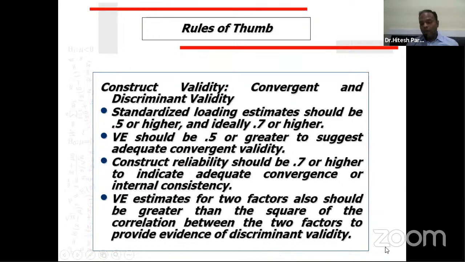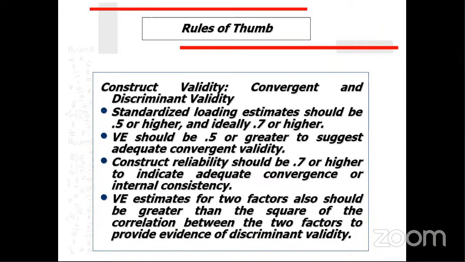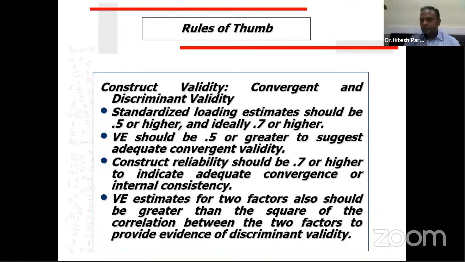So the idea of discriminant validity is that AVE is nothing but how much the individual construct is explaining, how many percentage of variances. Now, if the 2 constructs are separated from each other, then their discriminant validity should be higher.